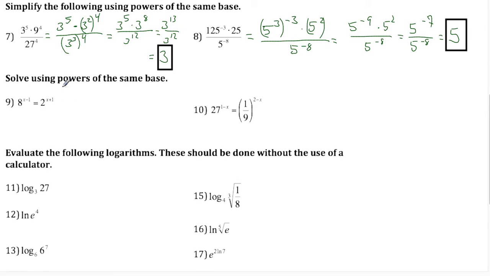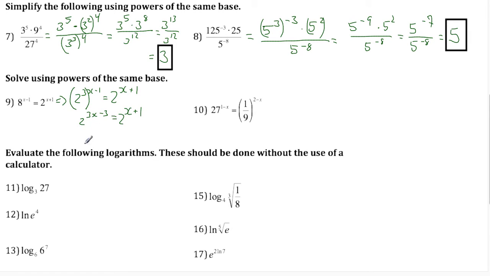And same deal here. If we have these two equations, if you try to solve this using logarithms, you're going to have a really difficult time. But if we say 8 is really 2 to the 3rd, we make that 2 to the 3rd to the x minus 1st power equals 2 to the x plus 1st. Distribute this in, we get 2 to the 3x minus 3 equals 2 to the x plus 1.